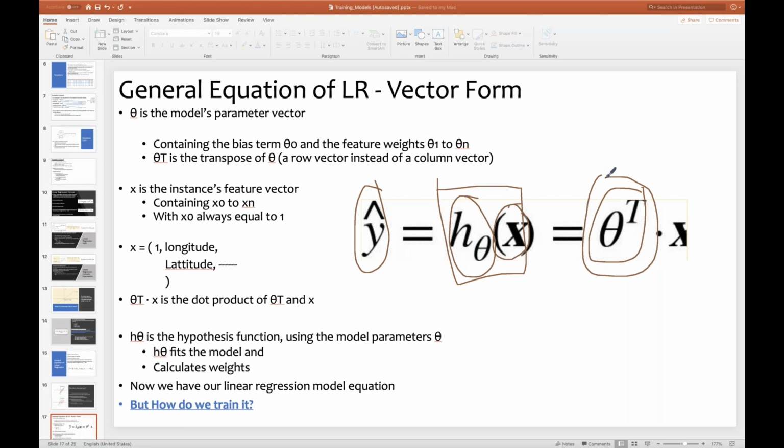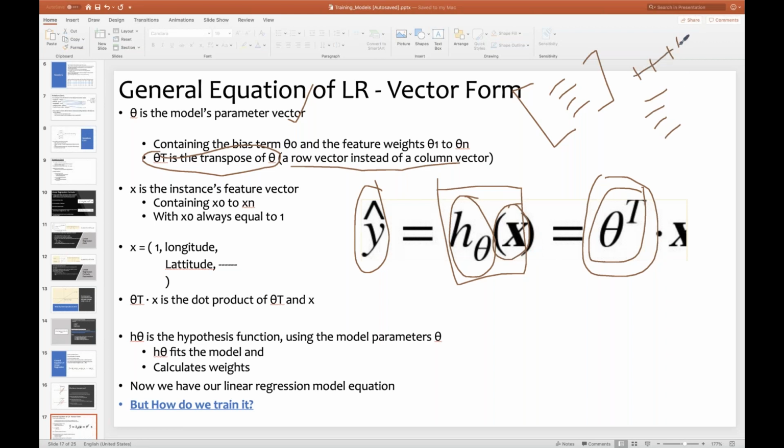Now, let me explain more clearly how things will work here. Theta is the model's parameter vector. A parameter vector is nothing but anything that is put in the form of a matrix. The features are called a parameter vector. Now, theta of t is the transpose of theta, meaning a row vector instead of a column vector. So if I have 4 columns like this, those 4 columns will be converted into 4 rows.